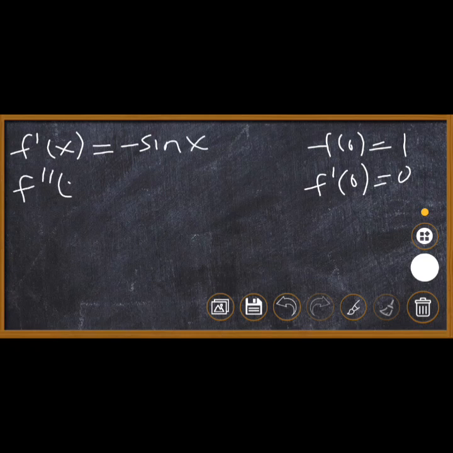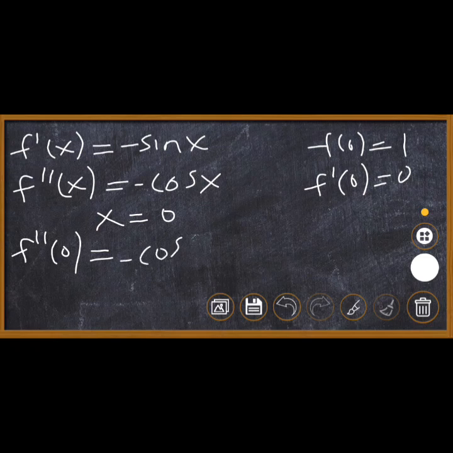Let's find the second derivative. The second derivative of negative sine is negative cos x. So let's also replace where there is x with a 0. The second derivative of 0 is going to be negative cos of 0. Remember, cos of 0 is 1. So with a negative here, we are going to multiply negative by positive 1.